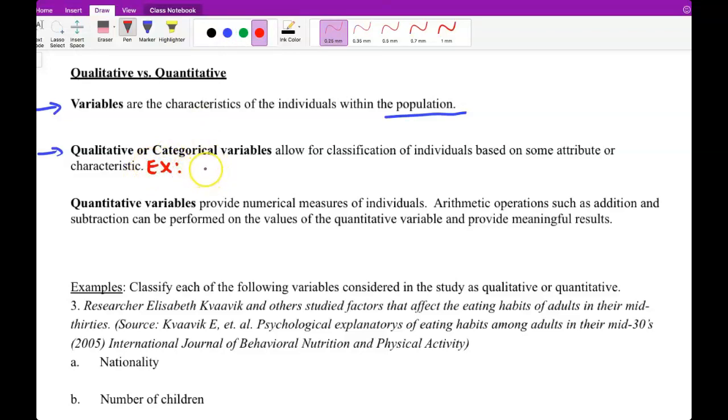We can have gender, nationality, race, and names. So this part is not numerical measures on individuals. I'm not able to count these.